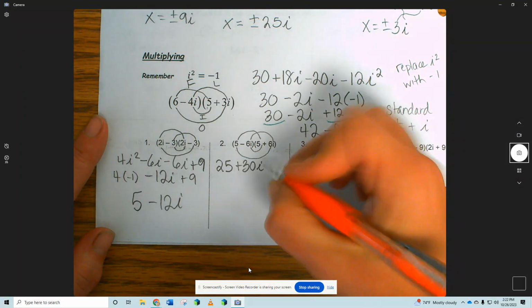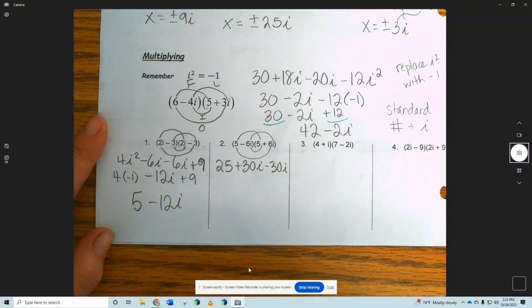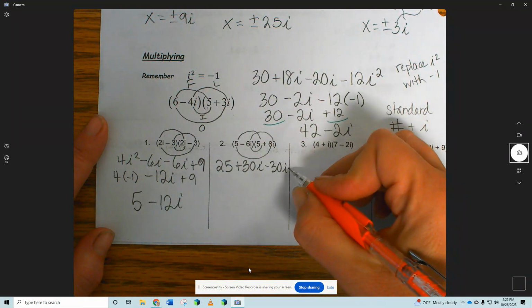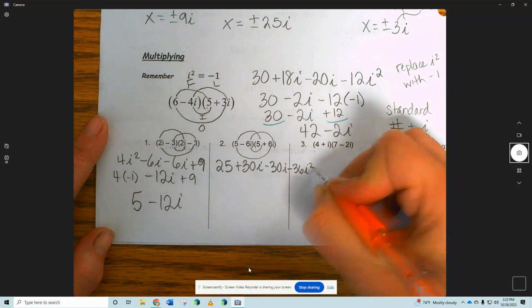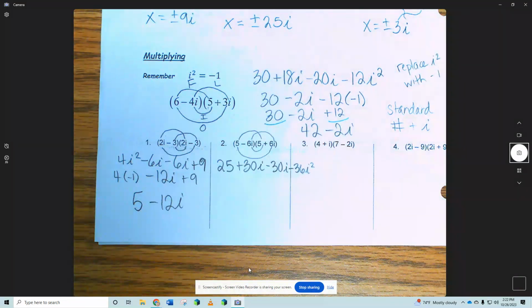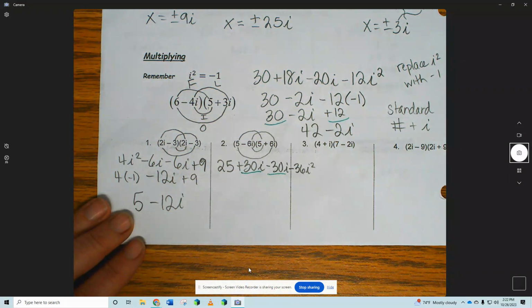Negative 6i plus 5, negative 30i. Negative 6i times positive 6i, negative 36i squared. These 2 cancel and make 0. Positive 30i and negative 30i. That makes nothing.